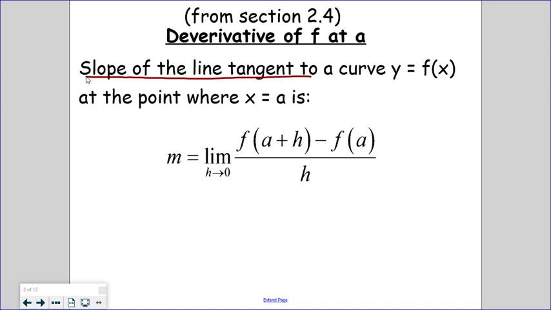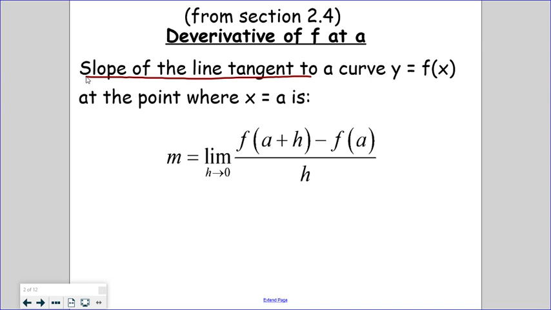That's where this whole formula was derived. The slope between 2 points, and we just made those 2 points have a distance between them essentially becoming 0, h being the distance between our 2 points. And as that distance became 0, we found the slope of the line tangent to our curve at a particular point. And we're going to see this now for a third time in just a second.